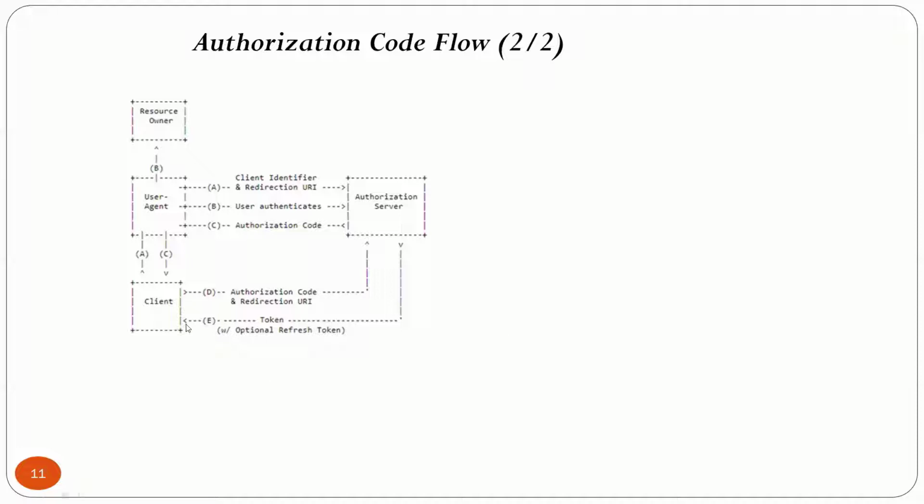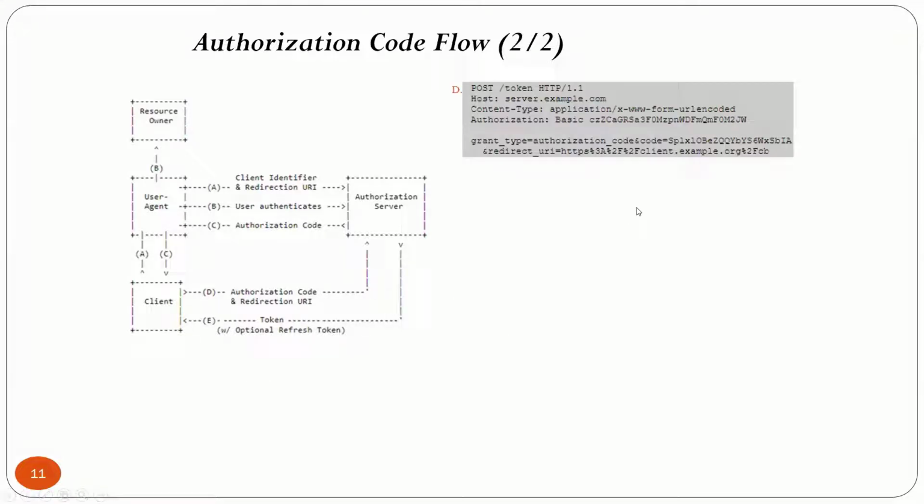Now let's see the next step, step D. On step D, the client requests a token from the authorization server token endpoint. It is doing this request to the authorization server token endpoint, and it is passing these parameters.